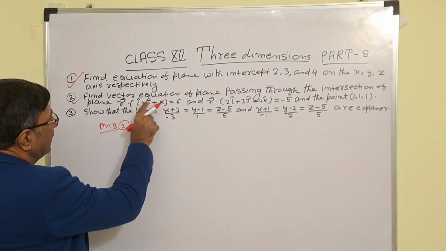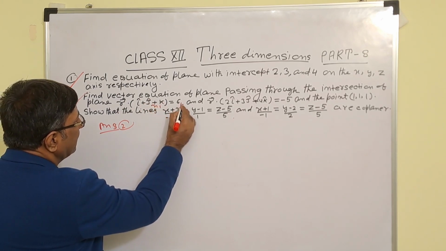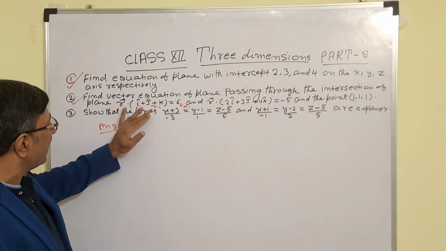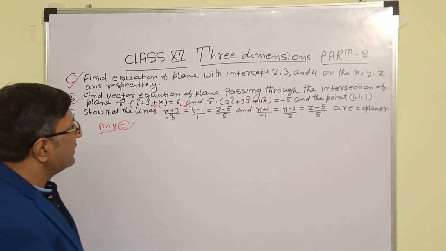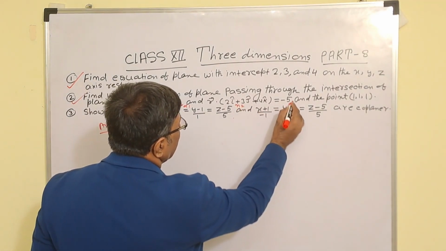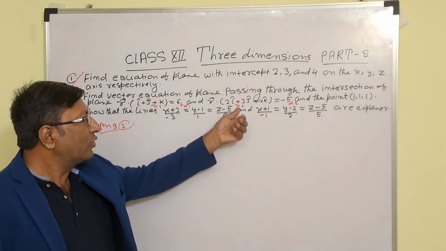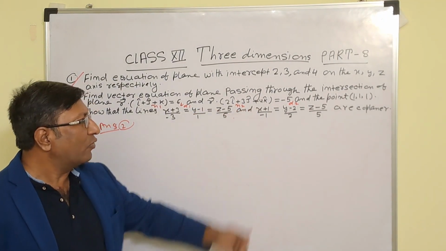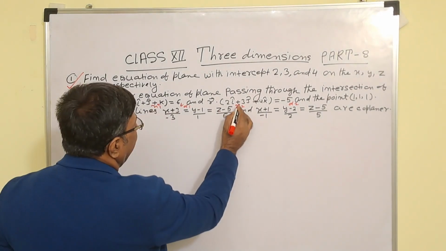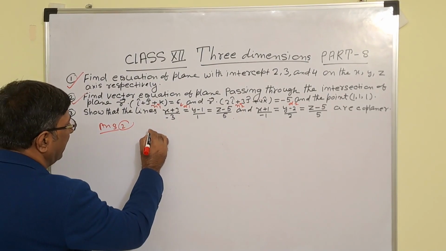This is r vector dot n1 equal to d1, and this is r vector dot n2 vector equal to d2. So this is the n1 vector and this is the n2 vector. So the required equation of plane will be what?